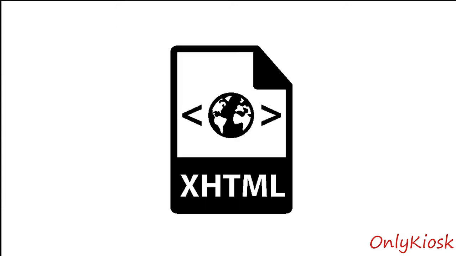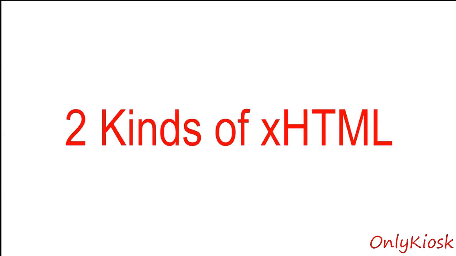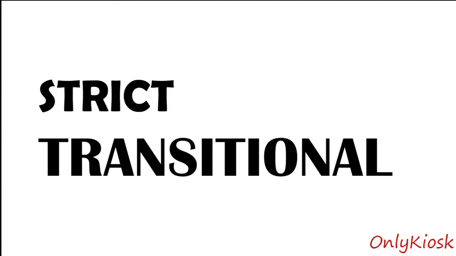By comparison, the version declaration of XHTML is far more complicated. You do not need to memorize it, but you should be able to read and understand it. There are 2 kinds of XHTML: strict and transitional. You can get this information from the version declaration.